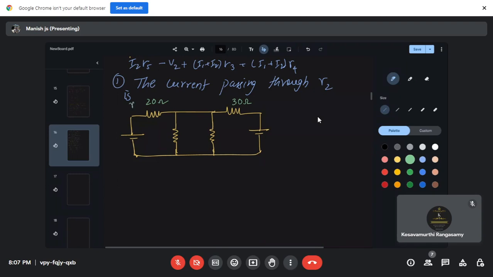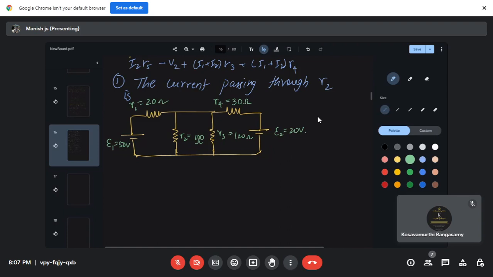The first one is R1, this one is R4, and this is R3, this is R2, which is 100 ohms. This is cell E1, which is 50 volts. This is cell E2, which is 20 volts. So you have to find out what is the current passing through R2.